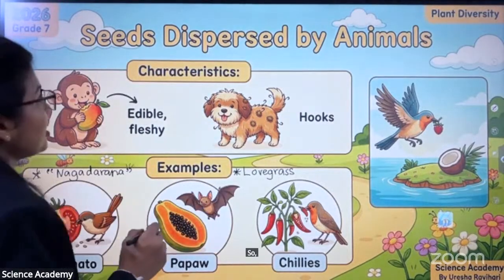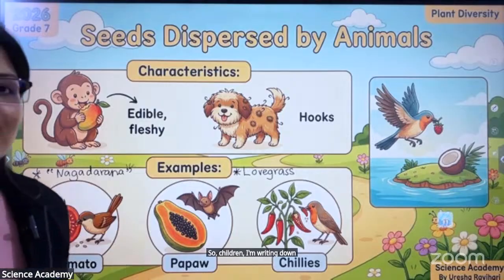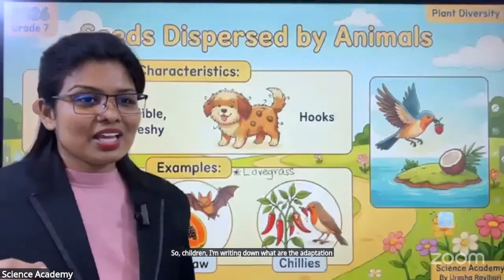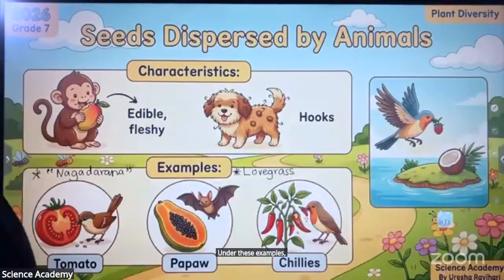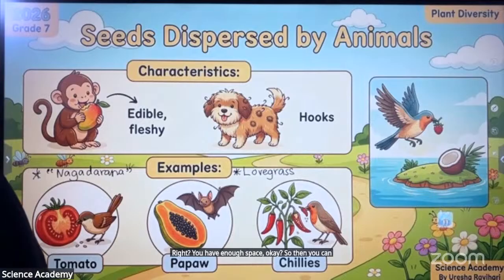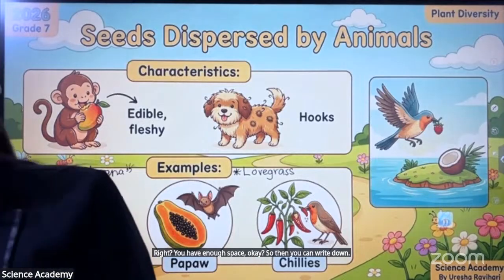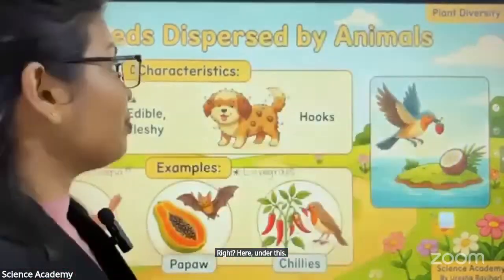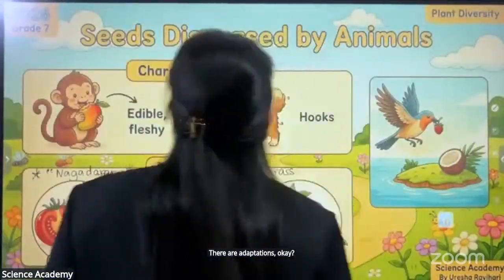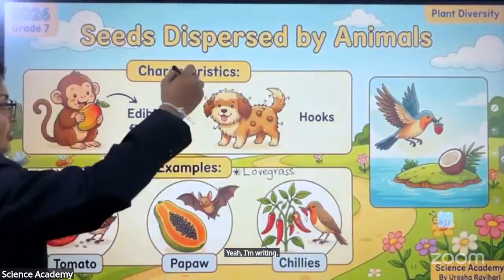So children, I'm writing down what are the adaptations of these seeds under these examples. You have enough space. So then you can write down, here under this, there are adaptations. Here I'm writing these characteristics.